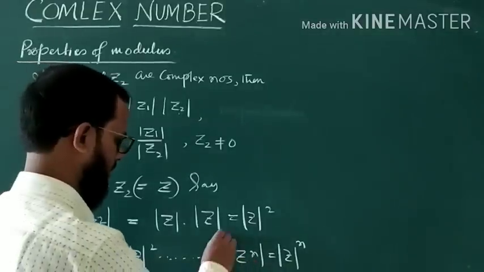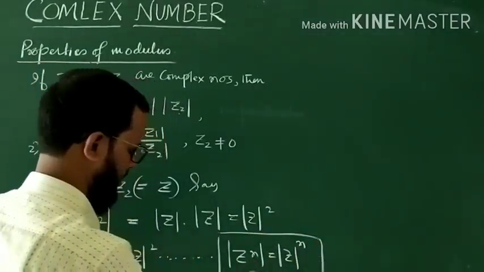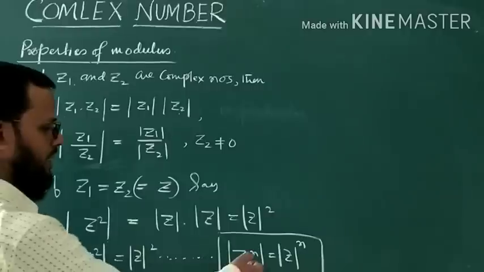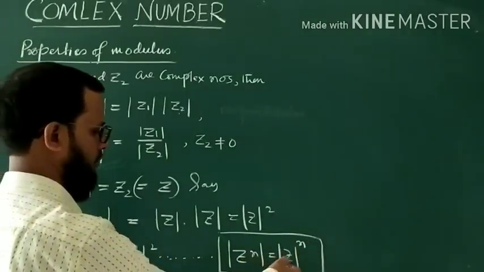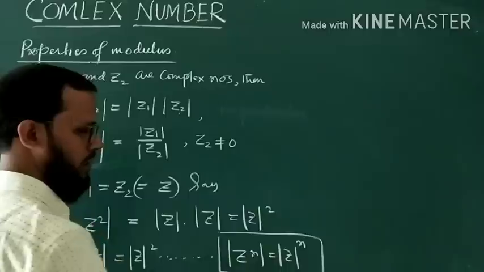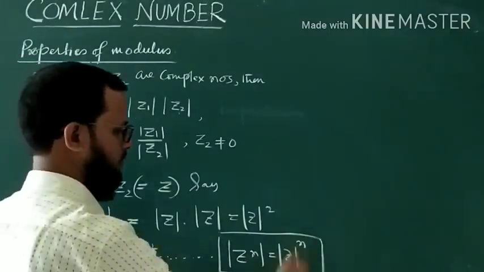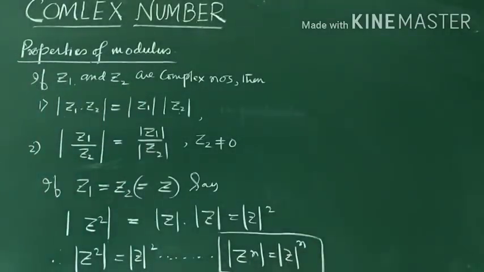Basically this is the formula. Whatever power is given, Z square, then modulus of Z whole square; Z cube, then modulus of Z whole cube; Z to the power 4, then modulus of Z whole to the power 4, in this way.